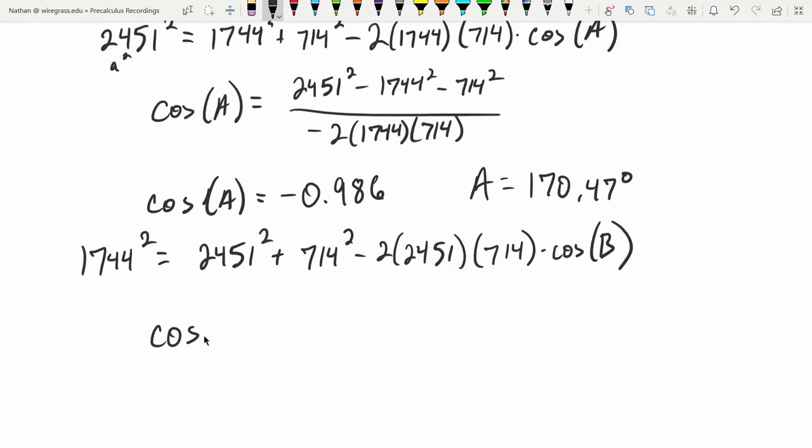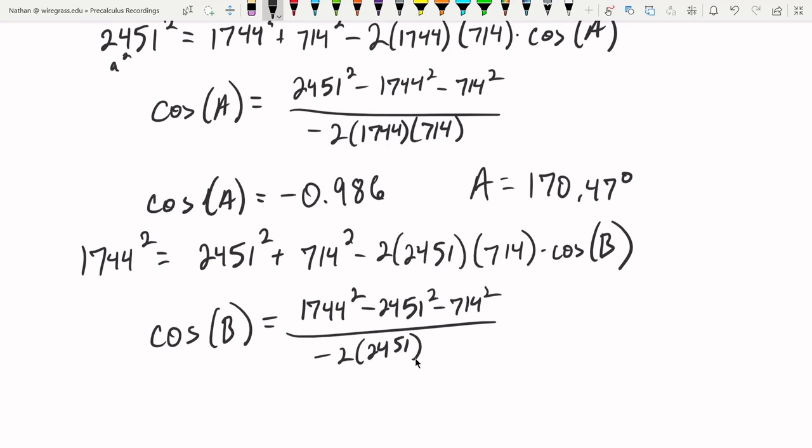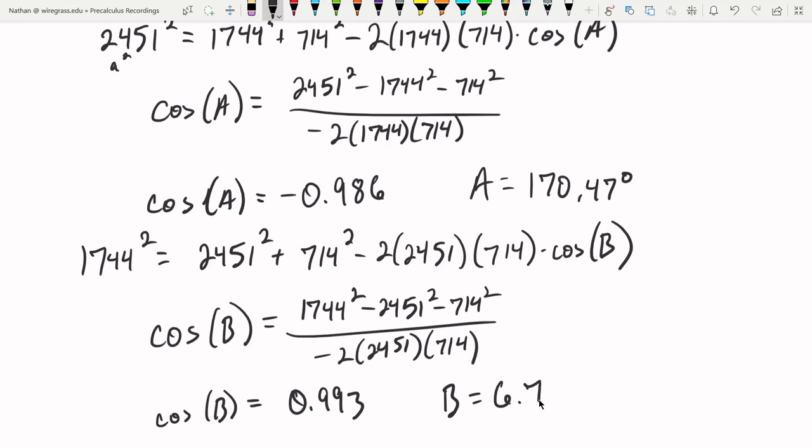And we can do the same process again. We're going to solve for cosine B. Okay, and that's going to give us that cosine B equals 0.993. So B equals 6.76 degrees.